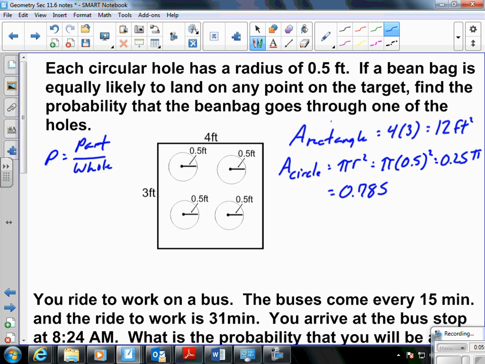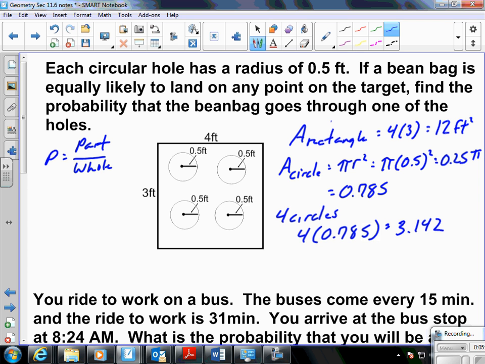Now that's just one circle, and so we've got 4 circles. So we're going to say 4 times 0.785. It's going to give me 3.142.